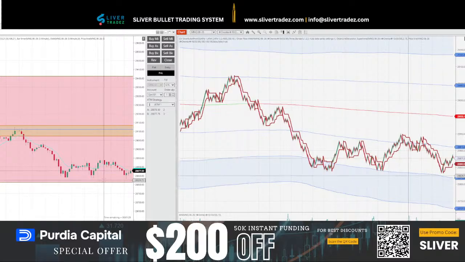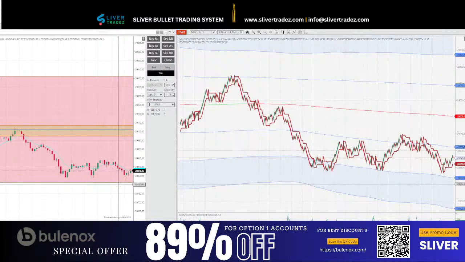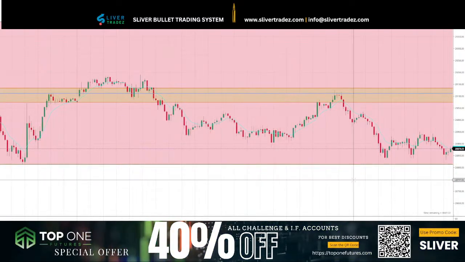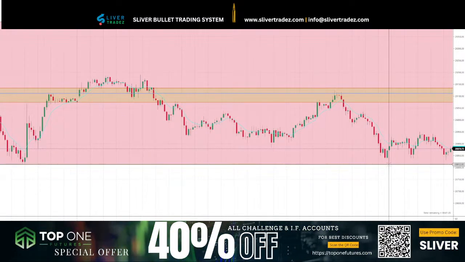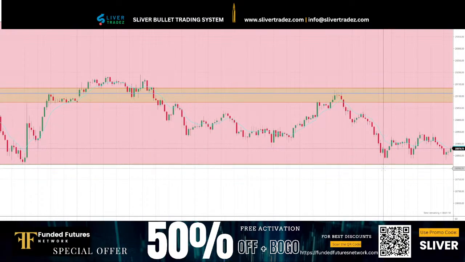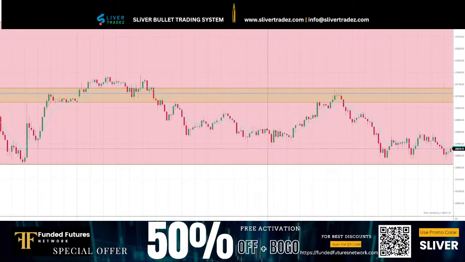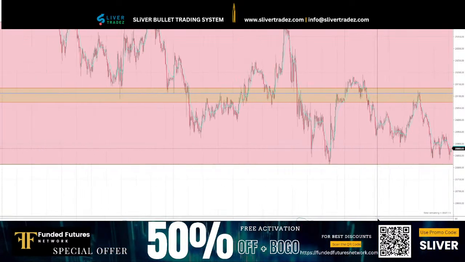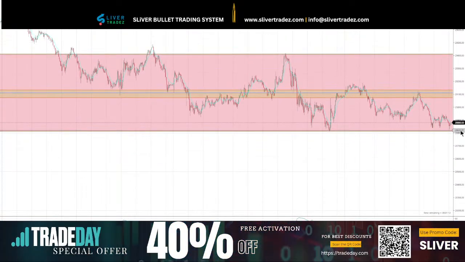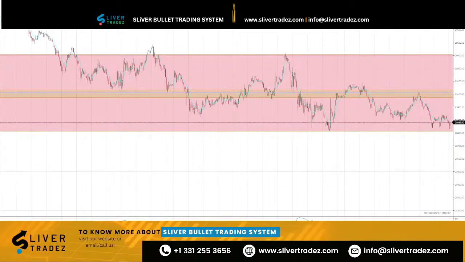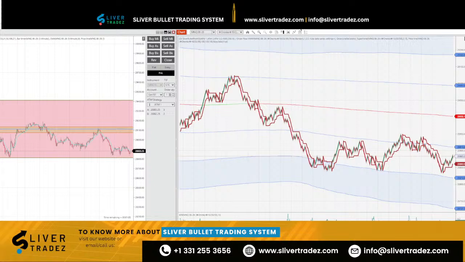A buying opportunity has to be very careful because we are not sure when the market will take the liquidity and start running up, because the market is still under selling pressure for the last 2 days.